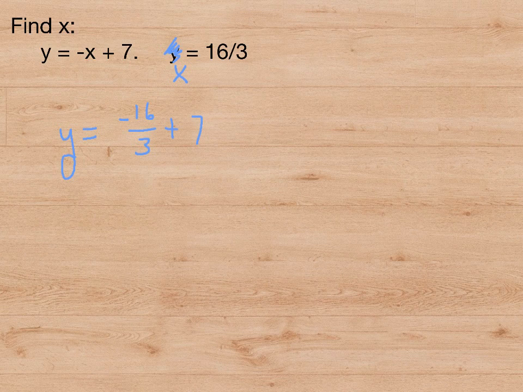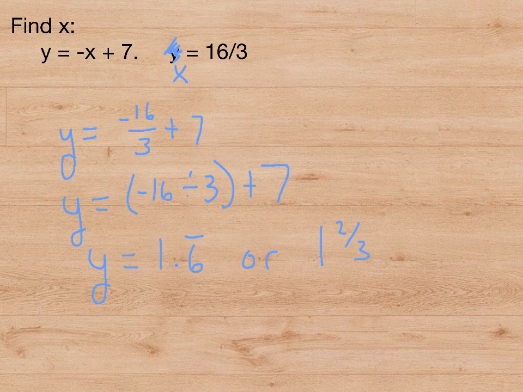If you don't like fractions, remember you can put this into your calculator like this to go ahead and give you y. This will give you y equals 1.6 repeating, or depending on your calculator, 1 2/3.